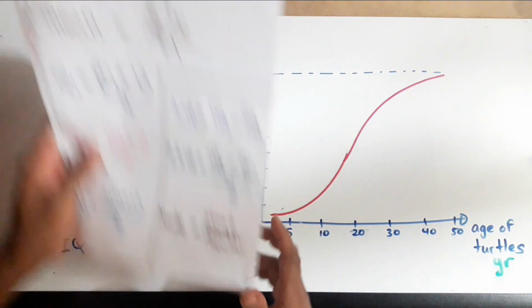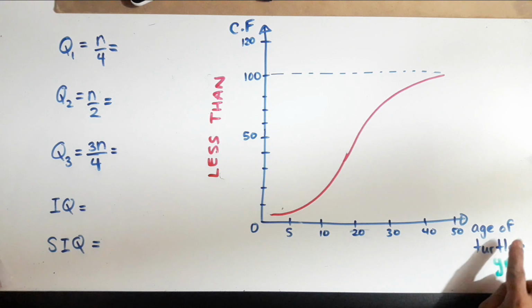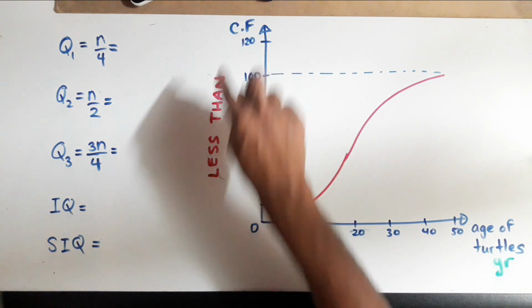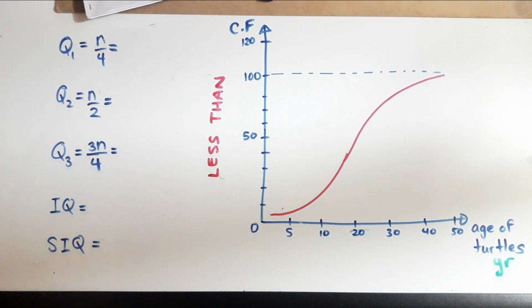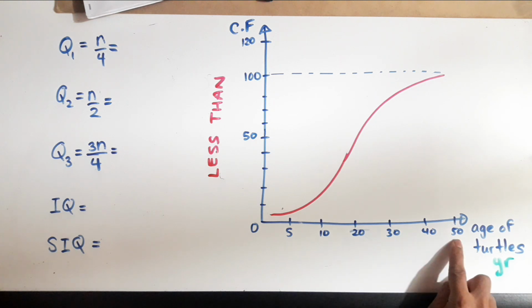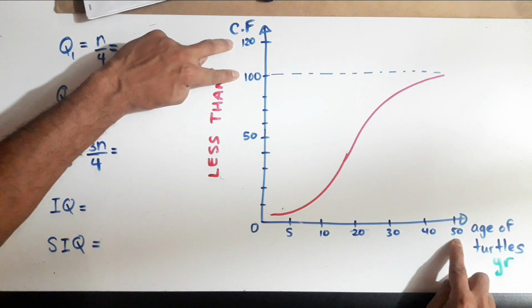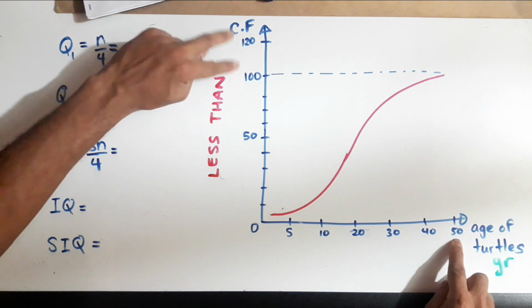First of all, right, here we are measuring the age of turtles, and this one is your cumulative frequency. So can you tell me how many turtles were involved in this survey? Is it 50, or is it 100, or is it 120? First of all, let's clear that up.